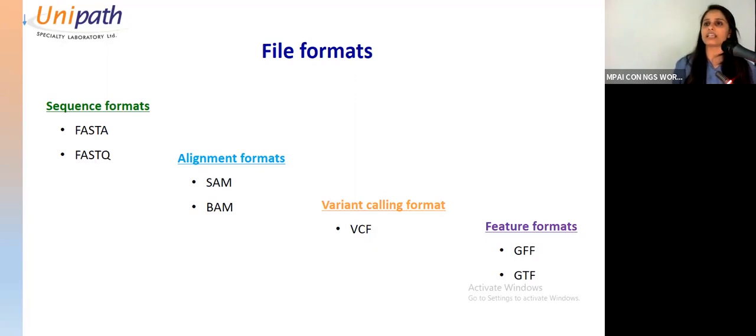It is basically, you can say, the address of all the genes. It gives you information about which chromosome and which position the gene belongs to, where the exons are located, where the introns are located. So it's basically the address of all the genes present in the particular genome.